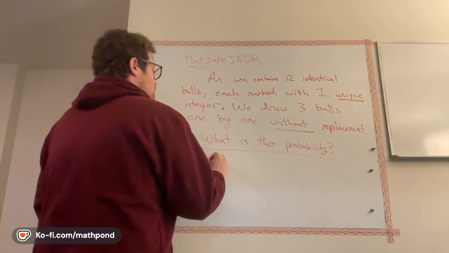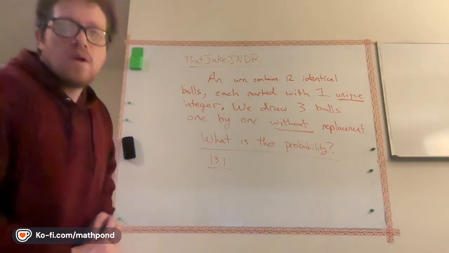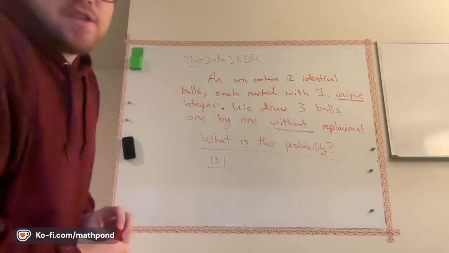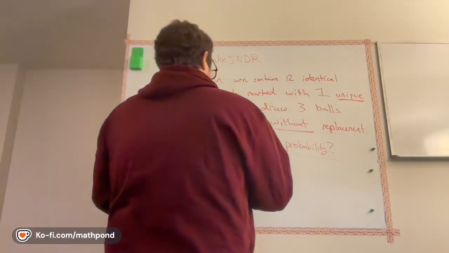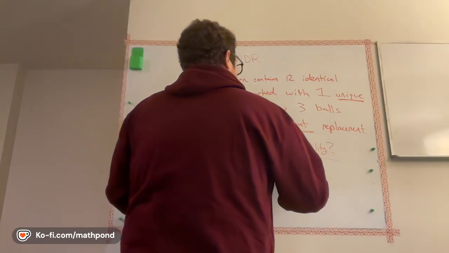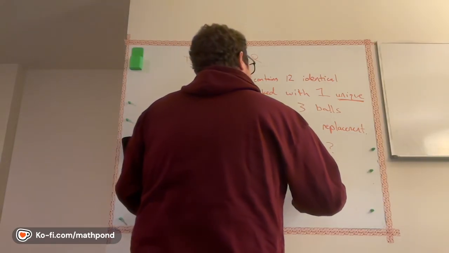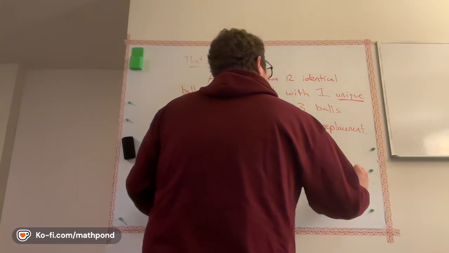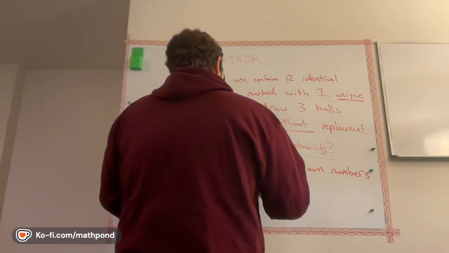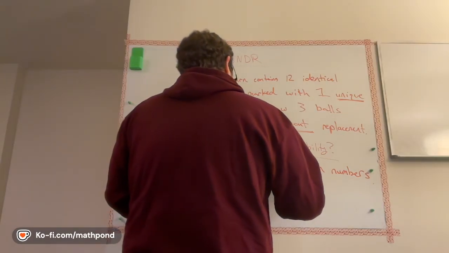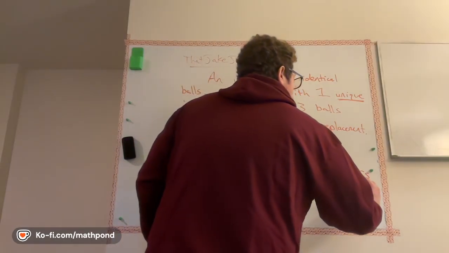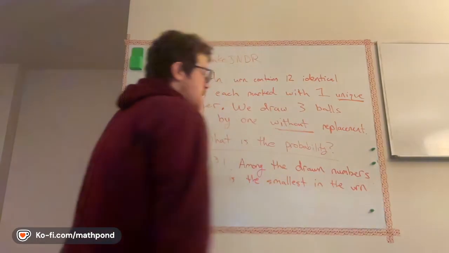And 13.1 says, among the drawn numbers is the smallest number from the urn.